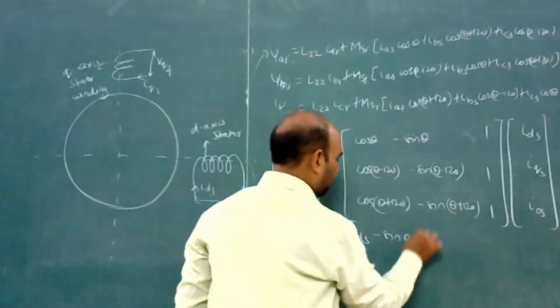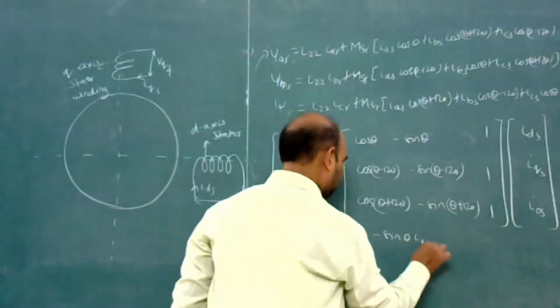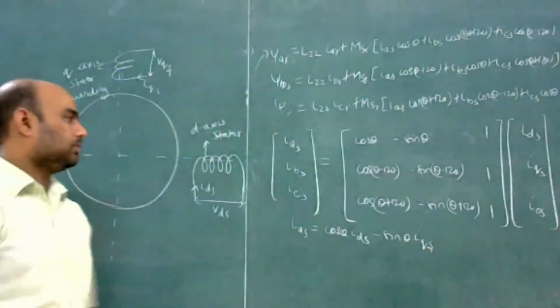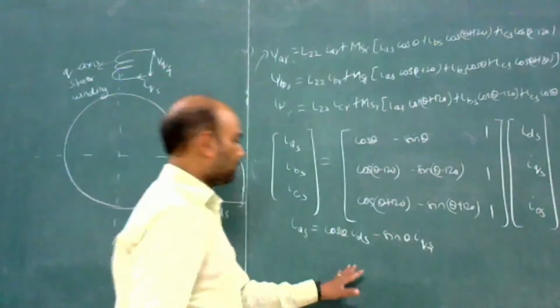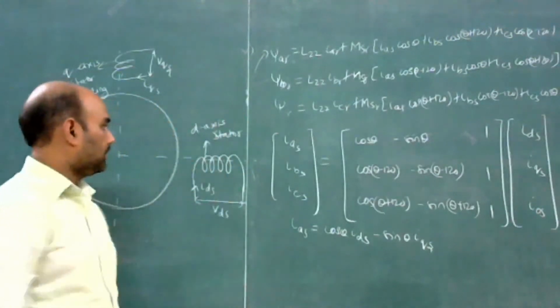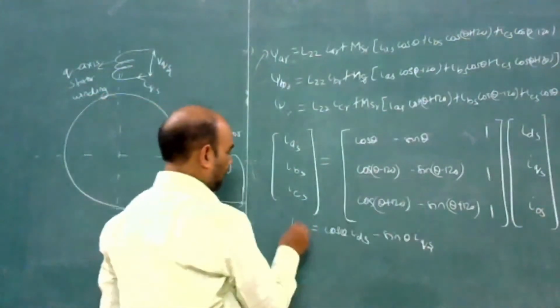We will not take the zero symmetrical components. So this is IAS.